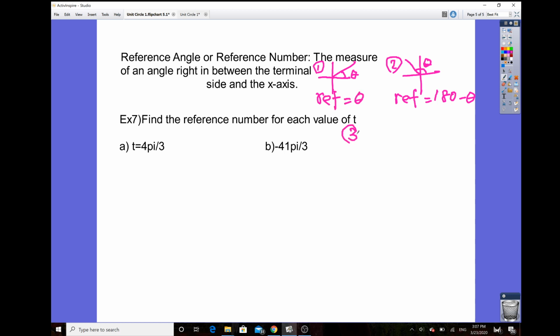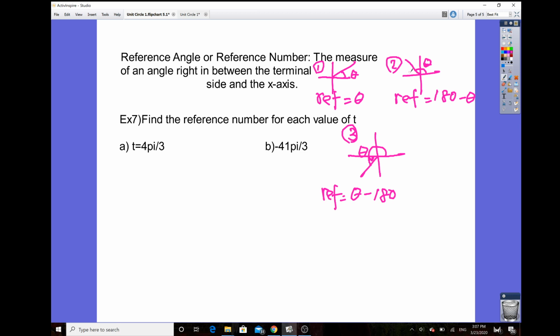And then for case 3, let's say that the terminal side is in quadrant 3, like this. The way to find the reference angle, which would be right here, is theta minus 180, excuse me. So this one is theta minus 180.